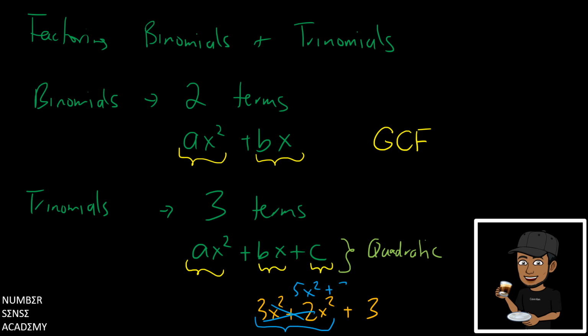So I have a binomial. This is not a trinomial. When we talk about binomials and trinomials, we're talking about distinct terms in simplified form. In this case, we have a quadratic equation, it's a trinomial. And in this case, we have a binomial.